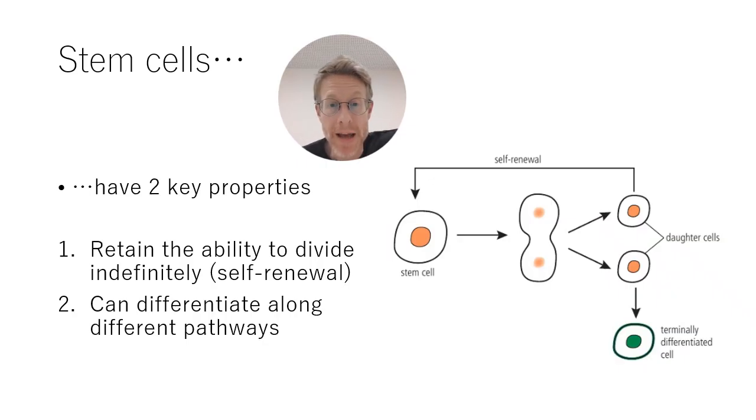The other one is they have the capacity to differentiate into any cell type. So they can change from a stem cell to a differentiated cell, and the kind of differentiated cell they become will depend on the gene expression that is triggered by a given morphogen.